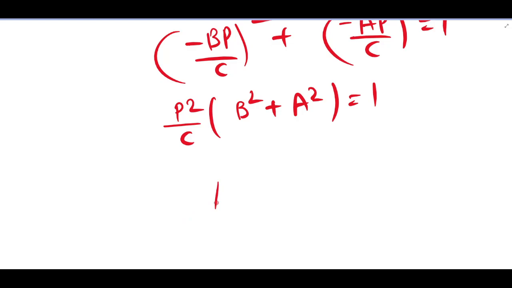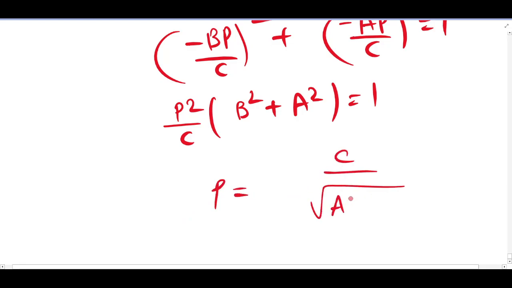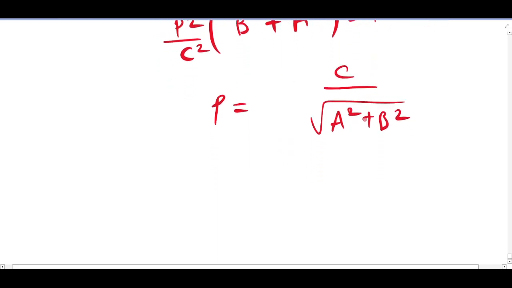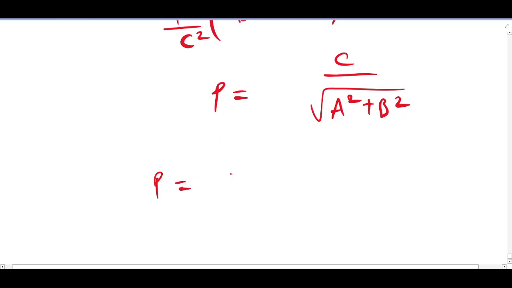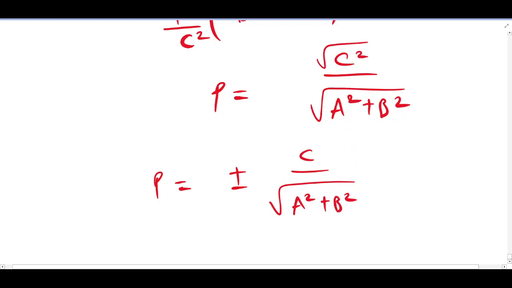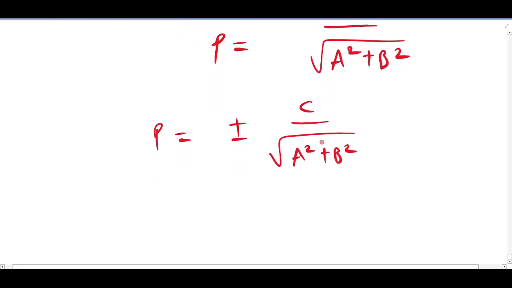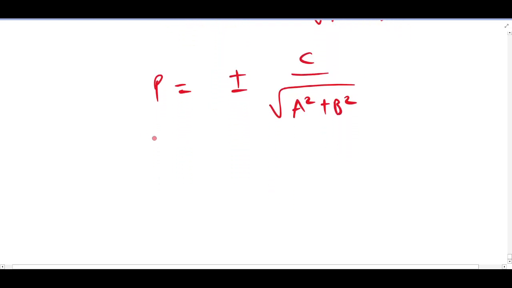Therefore we get p equal to c by root of a square plus b square, or p equal to plus minus c by root of a square plus b square. So this is p. Now substitute the value of p in cos alpha.